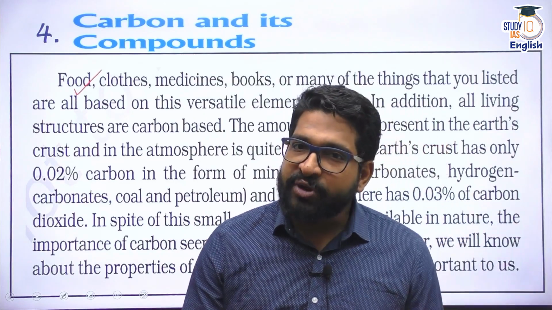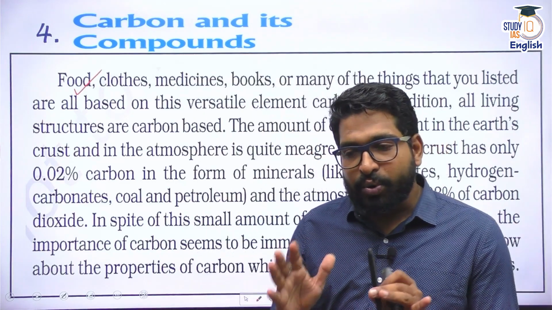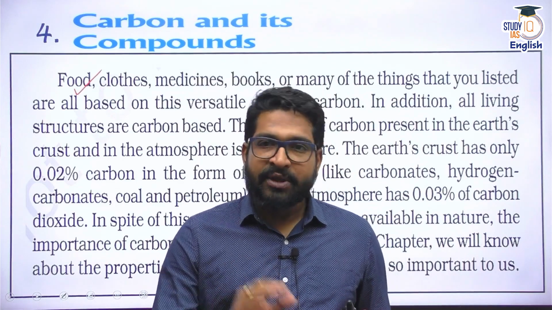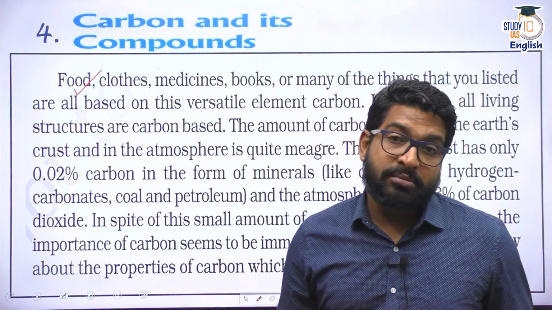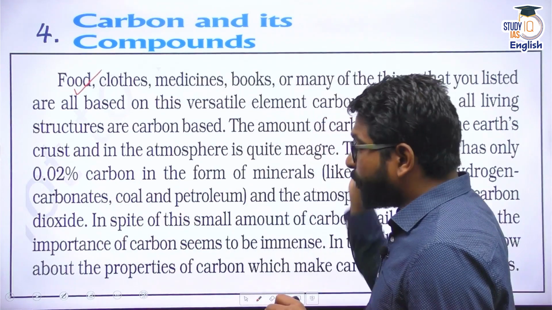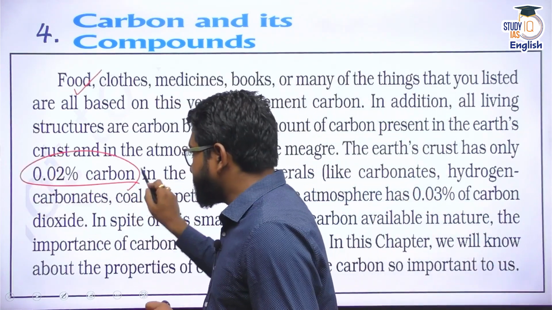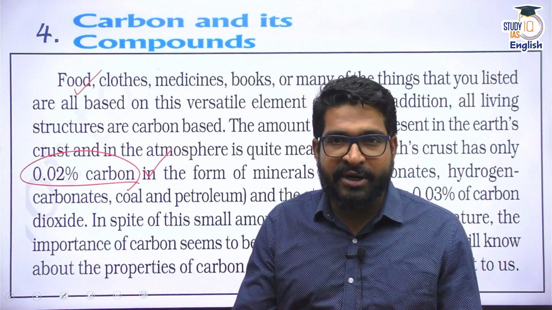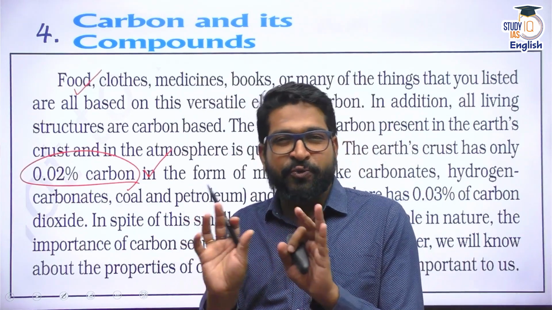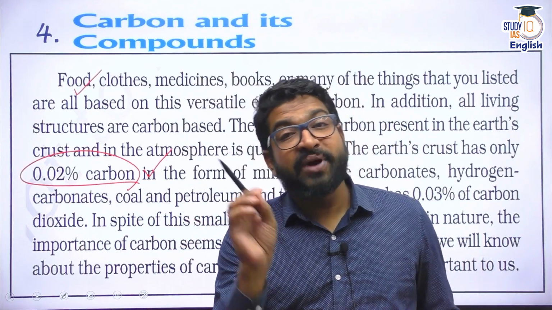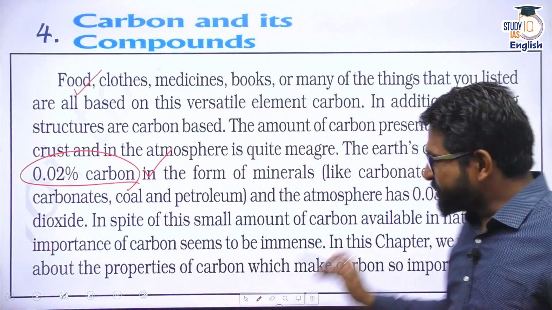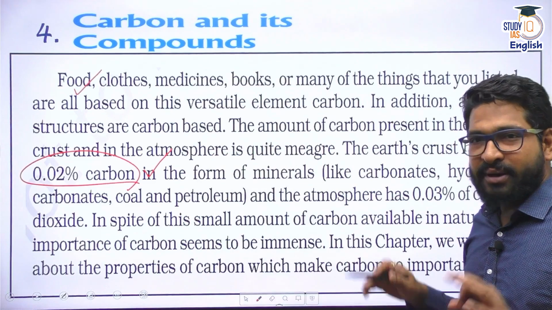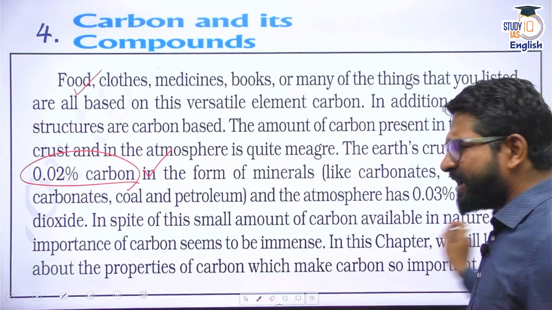And it is very strange when we look at the composition of carbon in Earth, be it Earth crust or in atmosphere, it is very minuscule. In Earth crust, only 0.02% of carbon is present. And in our atmosphere, we have already seen it is about 0.03 to 0.04 percentage in form of carbon dioxide mostly. But despite such low proportions, carbon is available everywhere in nature.